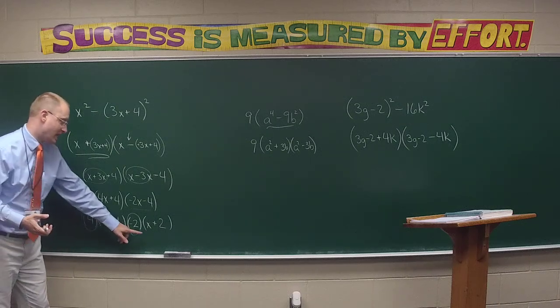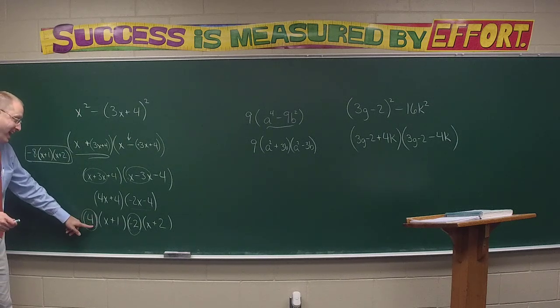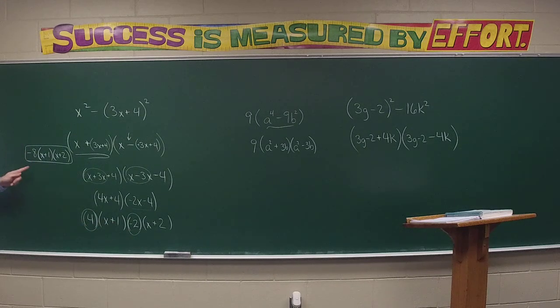So the 4 times negative 2, class, gives me negative 8 at the beginning, then the x plus 1, then the x plus 2, and this is my fully factored form. Okay, so monomials we're going to combine to a single term at the beginning. So if this were like a 4a and like a negative 2b, we get negative 8ab, all as one single monomial at the beginning. Does that make sense?